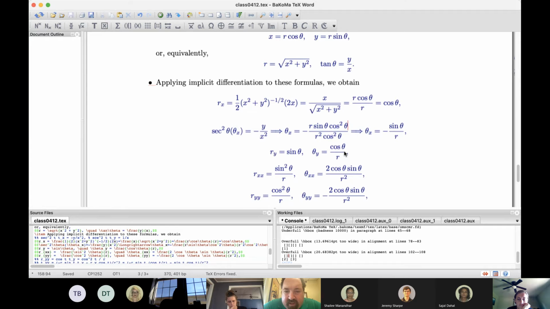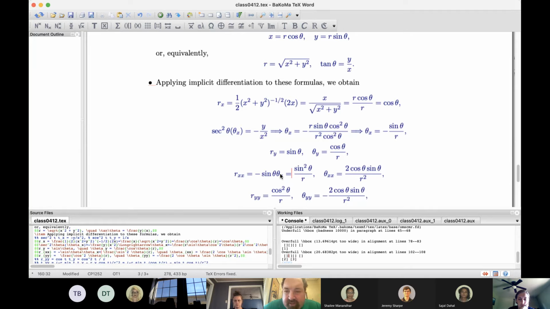And I can continue this process. Like I could take the derivative of, I have rx is cosine theta, so I can take a derivative of both sides of this equation with respect to x. So I'm going to get minus sine theta d theta/dx.